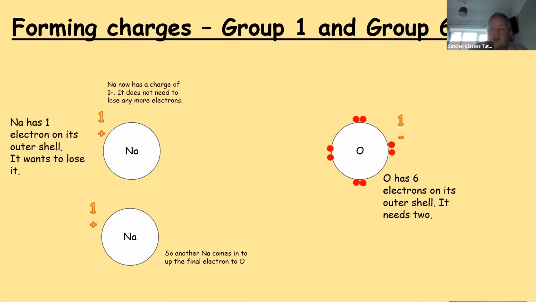And now the oxygen ion is quite happy because it has filled its outer shell. It just took 2 things to give up the electrons for it to get full. Again, the 2 negative charge from the oxygen is attracted to the 2 1+ charges from the sodium, and this forms a stable ionic bond between them.